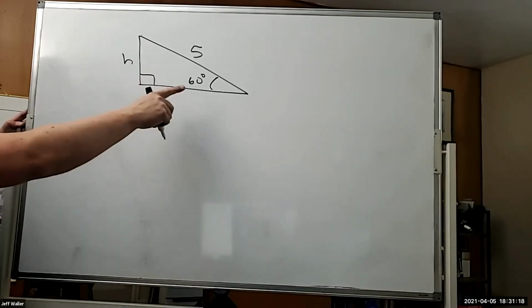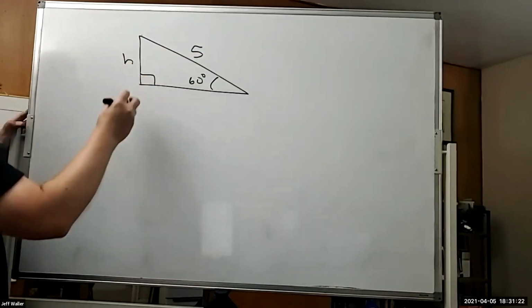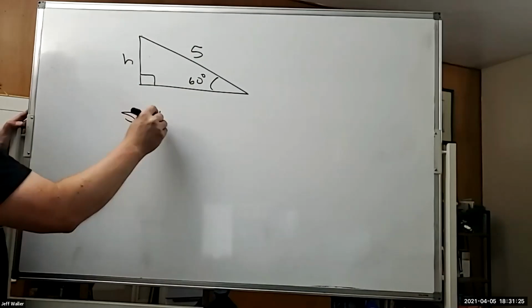Sine, because I don't care about the x piece. I just care about the y piece, and I know the hypotenuse. So I want to use sine.